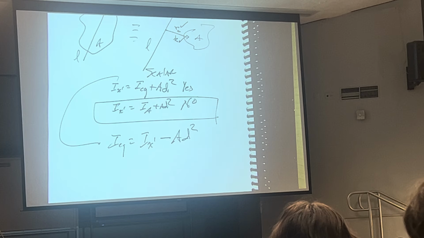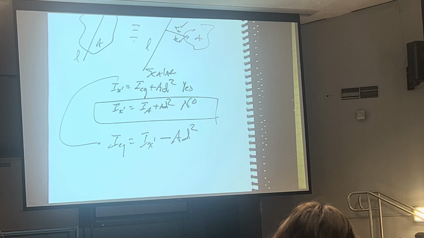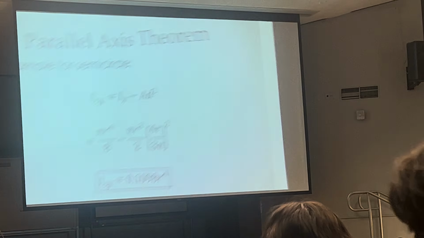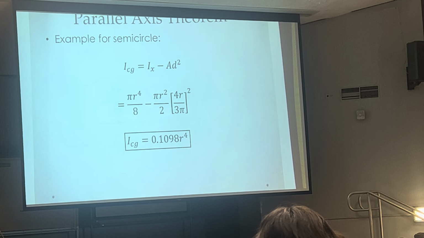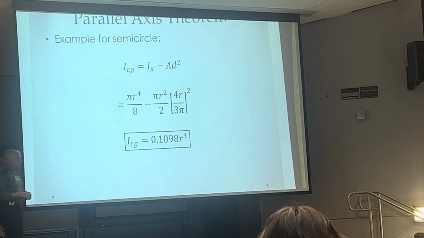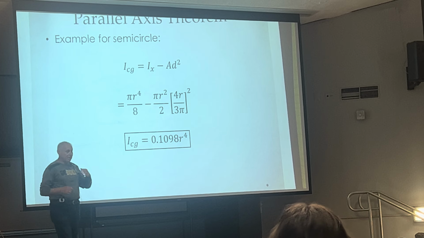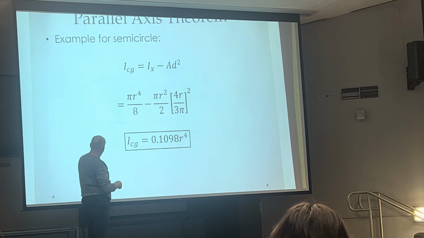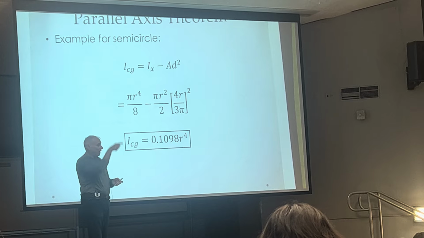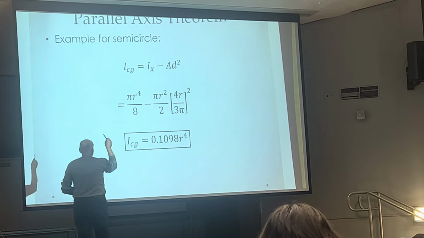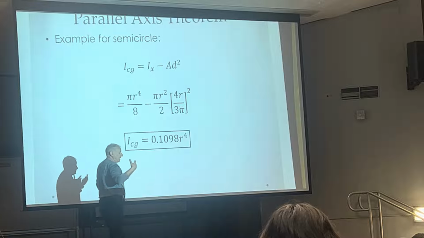Now, I'm going to use the parallel axis theorem, and I'm going to transfer to the center of gravity. Here it is. ICG equals IX minus AD squared. What's the formula that is in the back of Hibbler's textbook? Pi r to the fourth over 8 is I about the base of the semicircle. Minus A. What's the area of a semicircle?